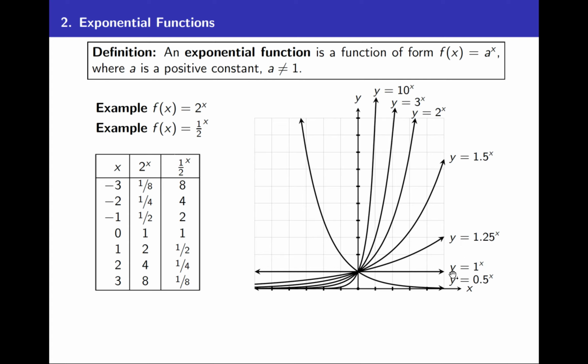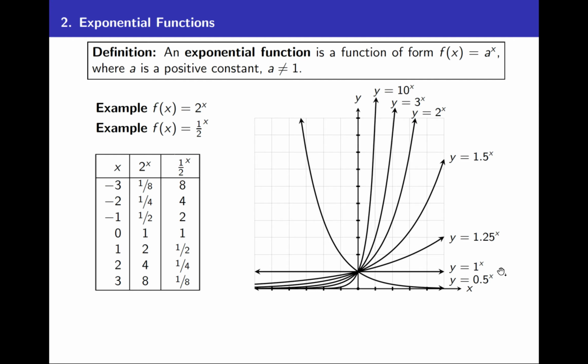Now here is y equals 1 to the power of x. It's just a horizontal line, y equals 1, because 1 to the power of x equals 1. So it neither increases nor decreases the way the other exponential functions do. And for this reason, we don't allow the base to be equal to 1. We wouldn't really consider 1 to the power of x as an exponential function.